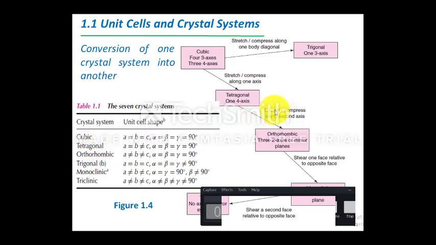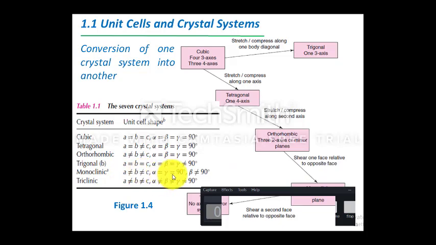And similarly, if we stretch or compress a tetragonal system along the second side, it is converted to orthorhombic. And in orthorhombic, we know that all of the lengths are unequal. Similarly, if we shear one face relative to the opposite face, the orthorhombic system is converted to monoclinic. In the monoclinic system, we know that all of the lengths are unequal.